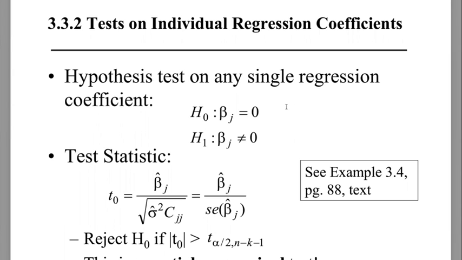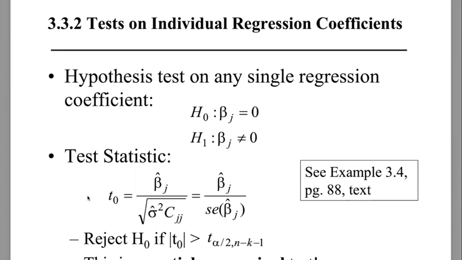For example, if we were going to do that, we could look at the null hypothesis that a particular slope coefficient is 0 against the alternative that it's not 0. For the test statistic, we could do it either as a t-test or as an f-test. What we're looking at here is how to do it as a t-test.